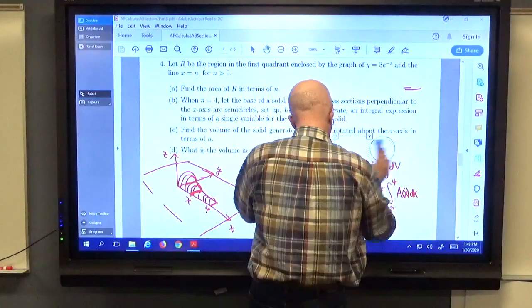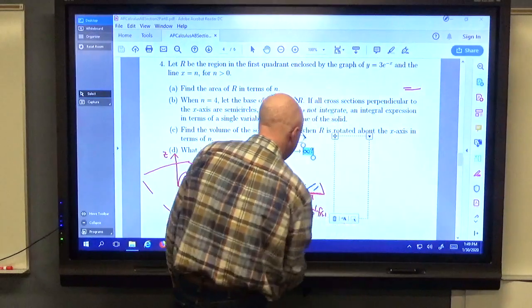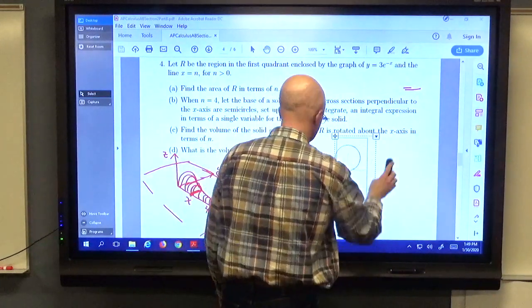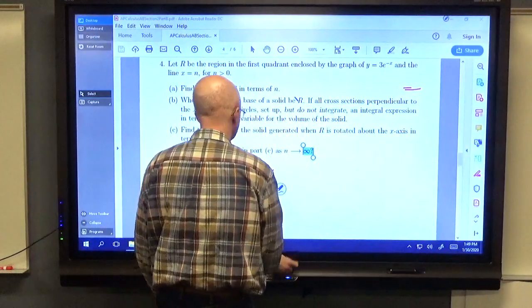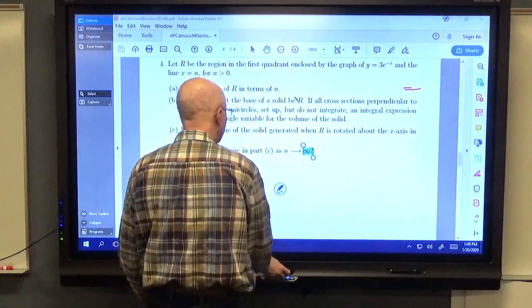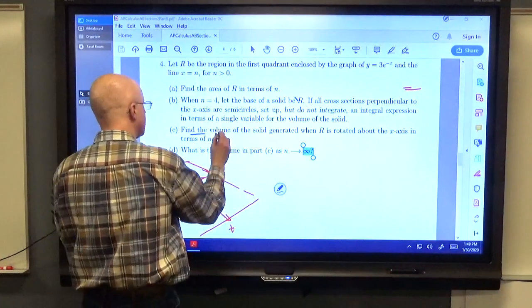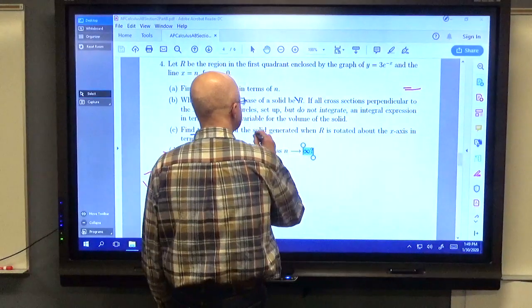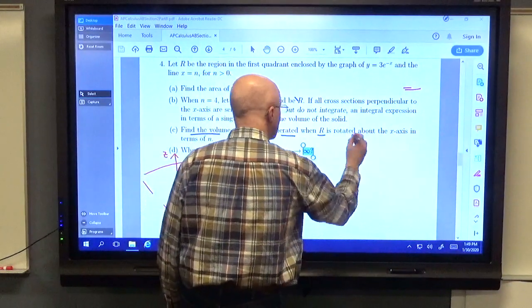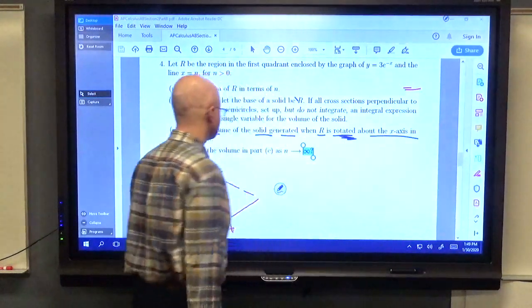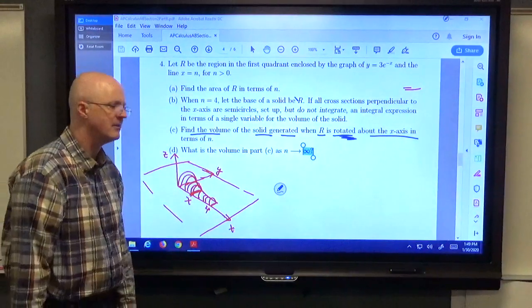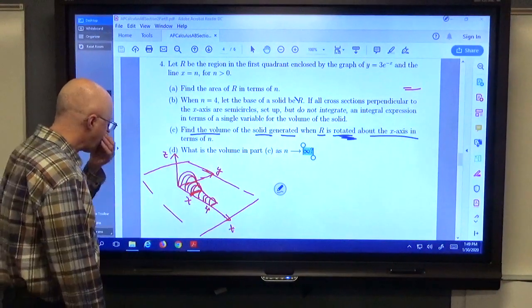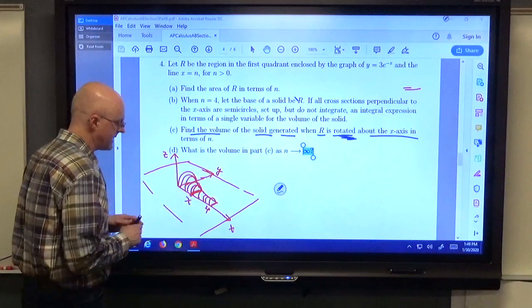Part C is also a volume problem. But now it's the volume of a solid generated when R is rotated about the x-axis. That's kind of a weird thing to do if you've never imagined doing it before. So it changes this picture here.